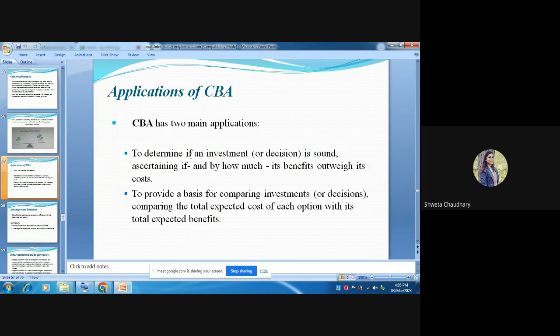Suppose you are investing money for education purposes or for cleanliness purposes or for the health of your community. Then you see whether the people of your community are not suffering from any disease. If you have allocated money for polio control in your country, then whether the number of children suffering from polio is diminishing, not increasing.